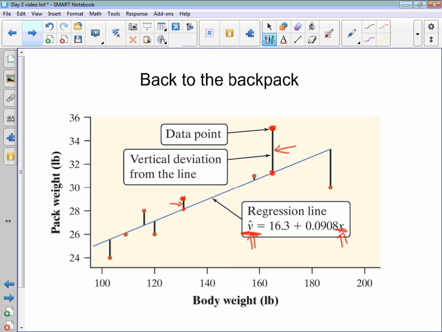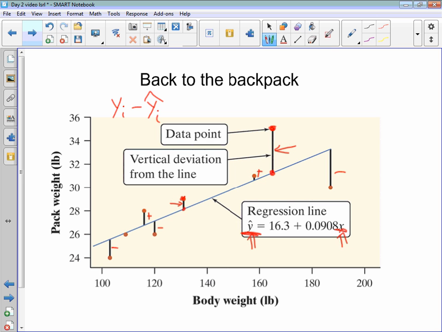It's this minus this. So this is a positive residual, and this is a negative residual, because it's y observed minus y hat. That's going to be the residuals.